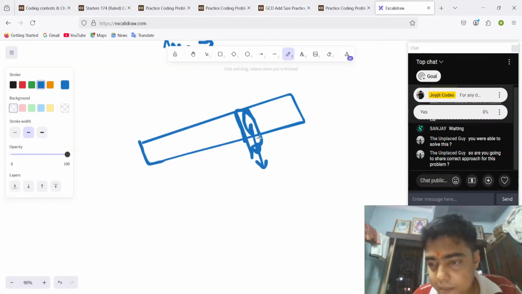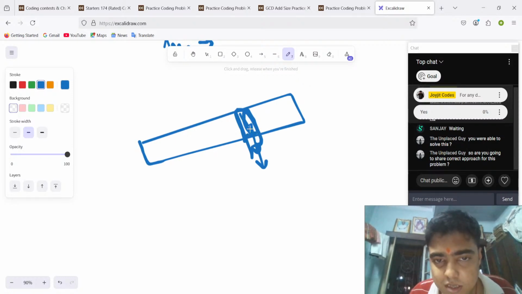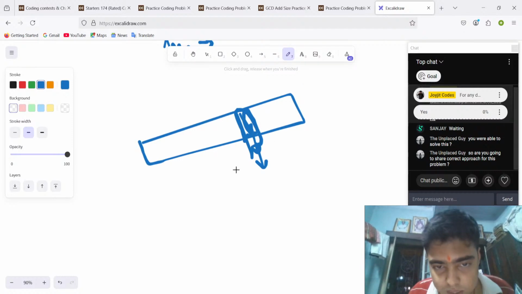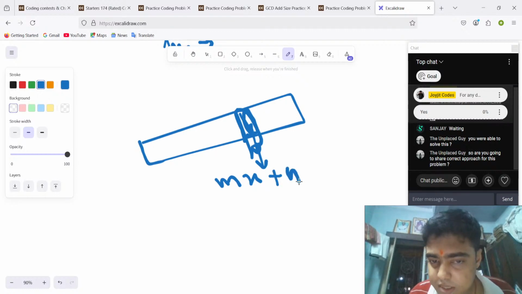That is, let us say for example, if all the elements are the same in the whole array, so what is the best thing? That is one element plus n. Okay, because if all the elements are the same, that means the GCD is also that element only. So let's say the maximum element is mx, so the best answer that we can come up with is mx plus n.